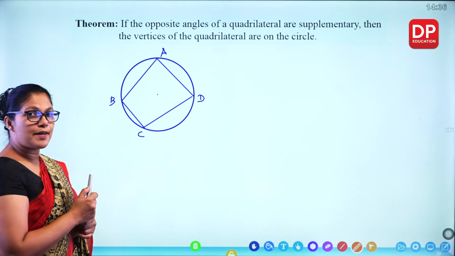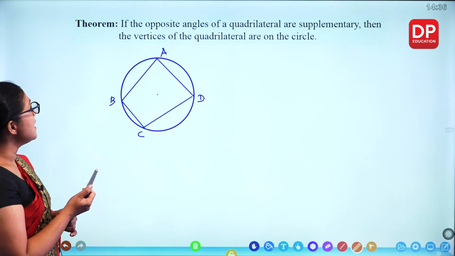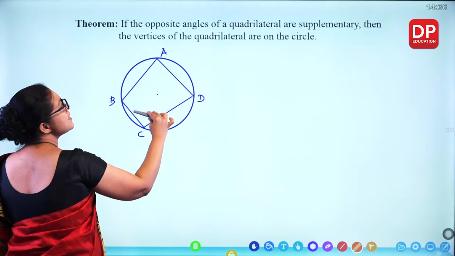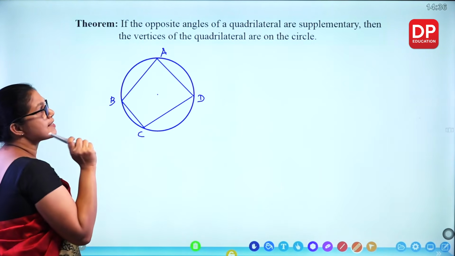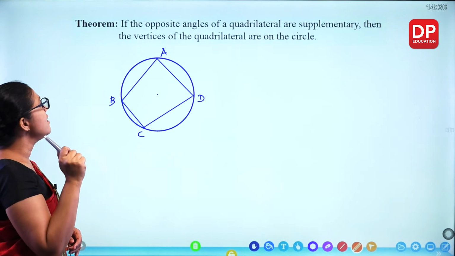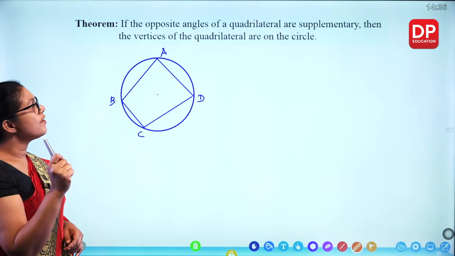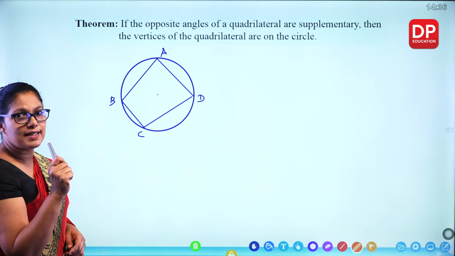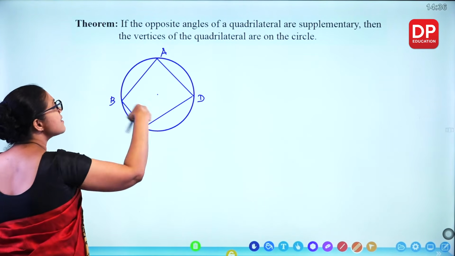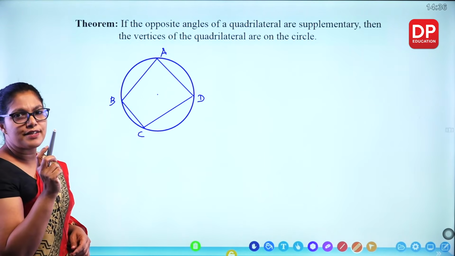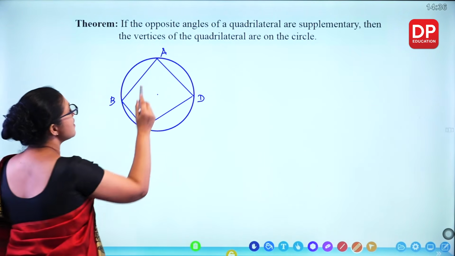What's the converse theorem? Converse theorem means if any two opposite angles of a quadrilateral are supplementary, then the vertices of the quadrilateral are on the circle. So that means it's a cyclic quadrilateral. So what's the converse theorem?